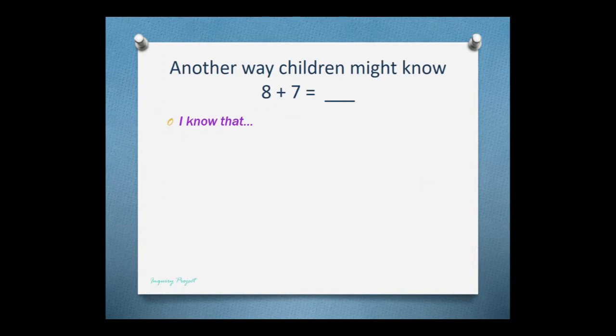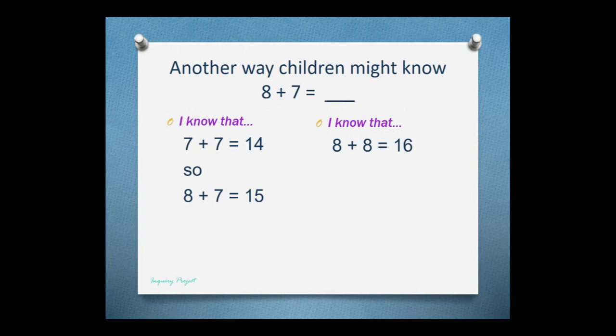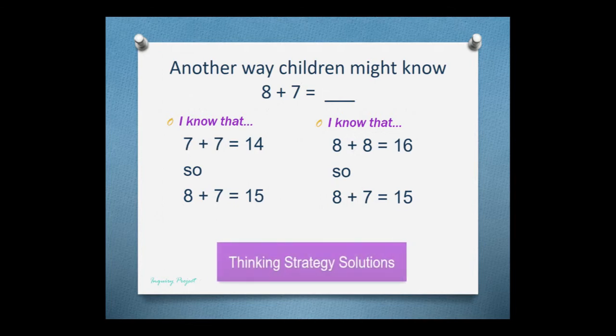Another answer that teachers often give is that the child might say, well, I know that 7 and 7 equals 14, so 8 and 7 has to be 15. Or, I know that 8 and 8 equals 16, so 8 and 7 has to be 15. These two solutions are called thinking strategy solutions.